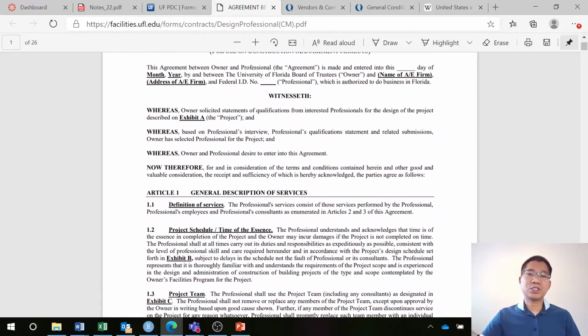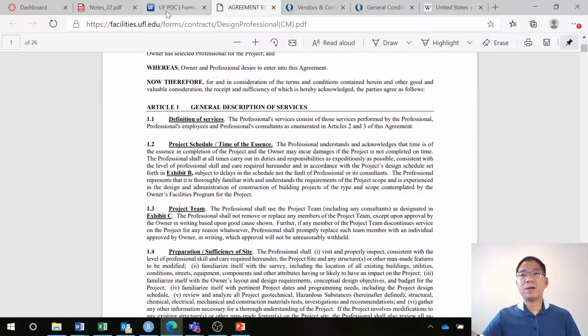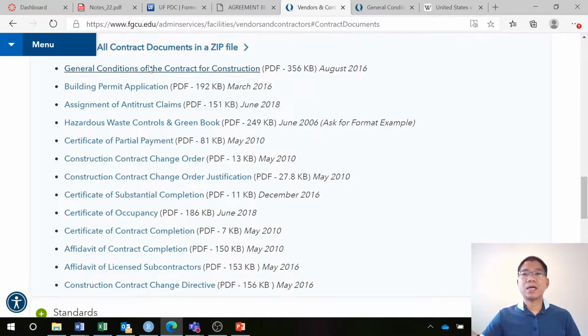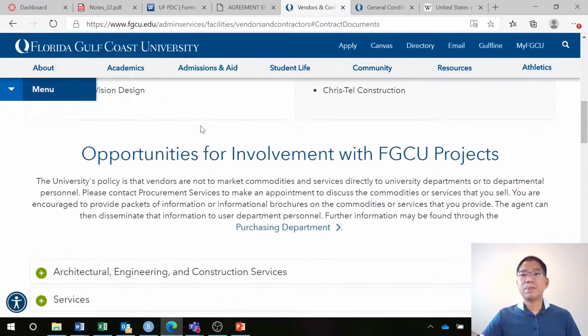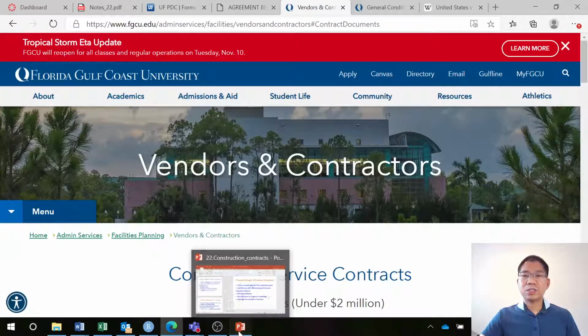So like for engineers, you have that document in the UF planning, design, and construction. Again, you can go to the FGCU facility planning website and learn more about that.